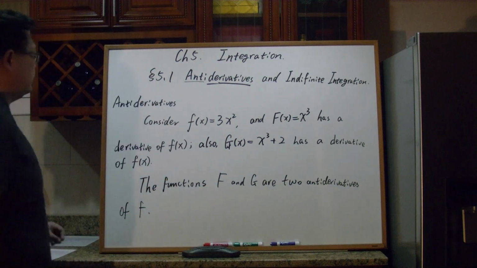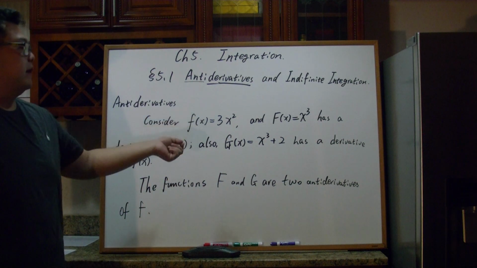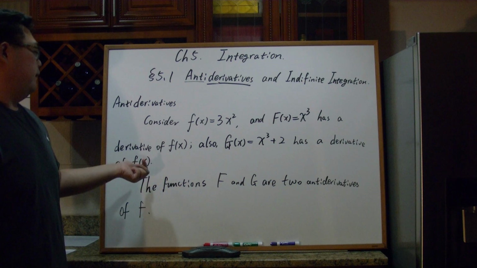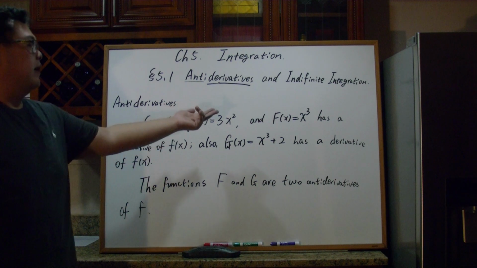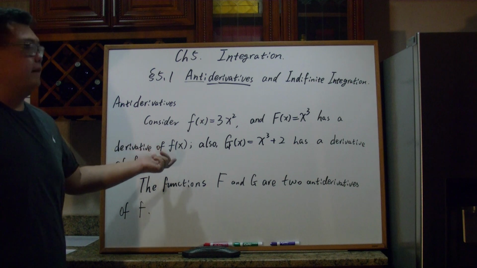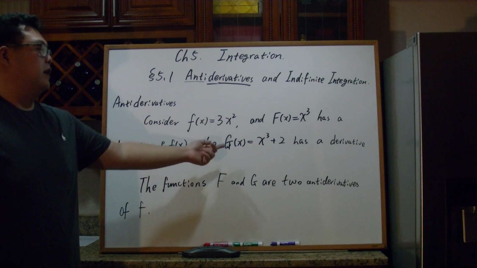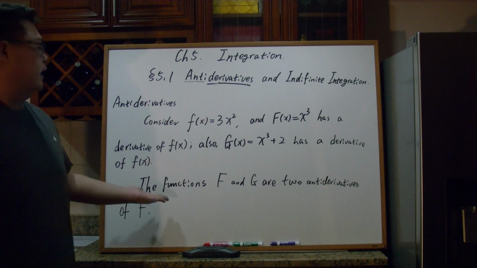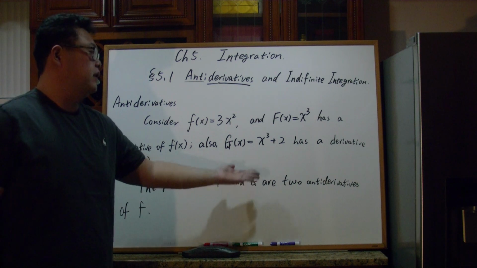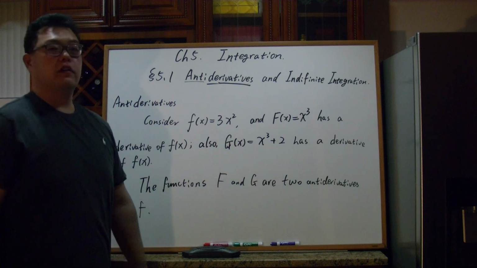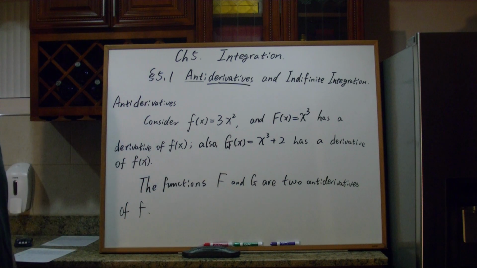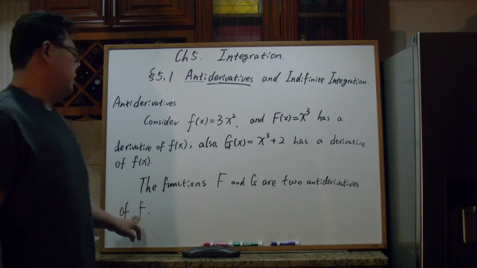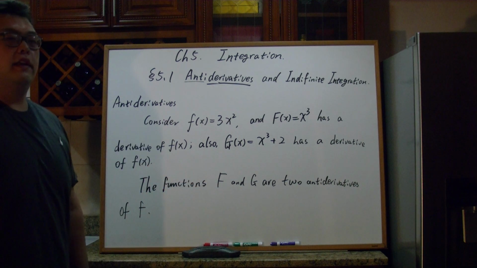In this case, the functions big F and big G are two antiderivatives of f. Since big F has a derivative of f and big G has a derivative of small f also, they are called antiderivatives of f, which means you differentiate F or G and you get the f.